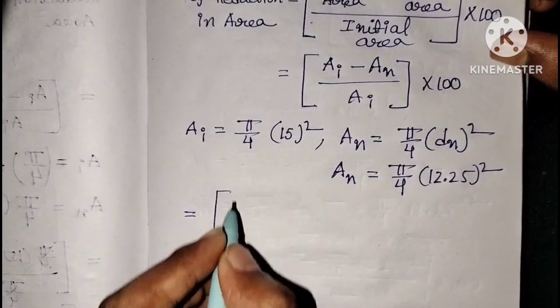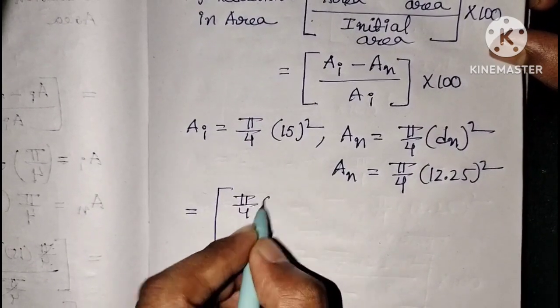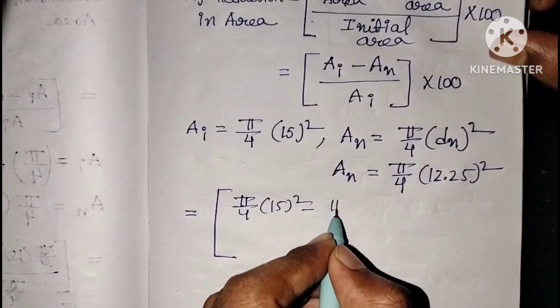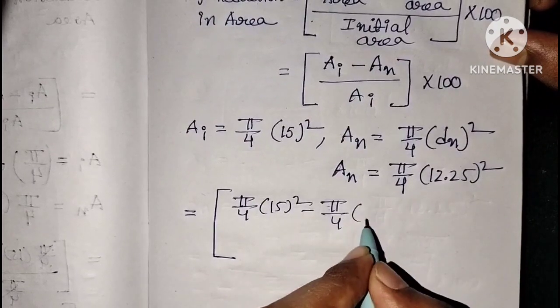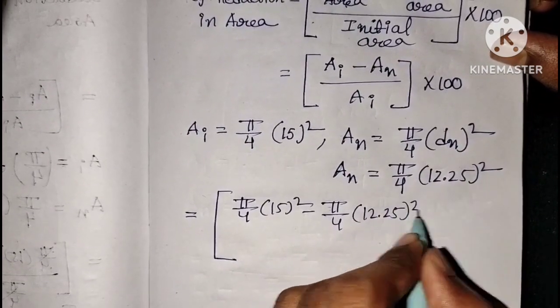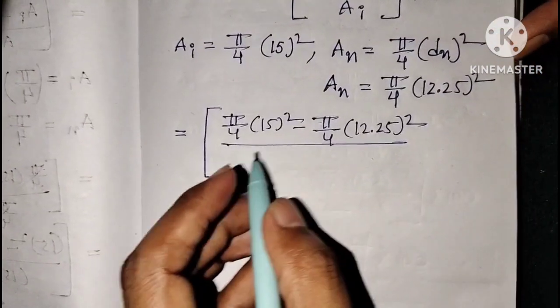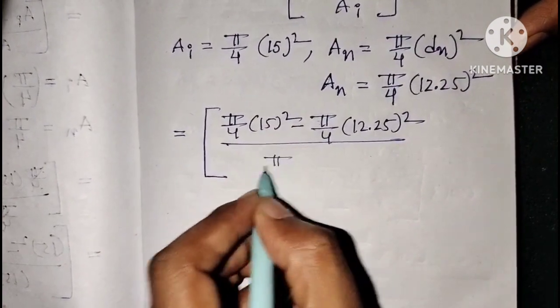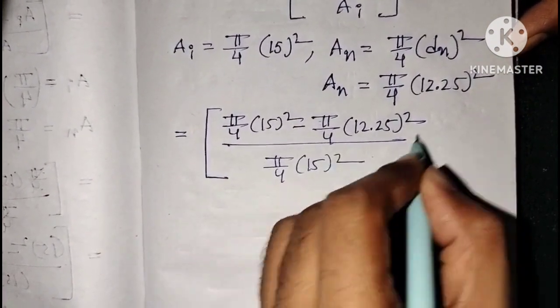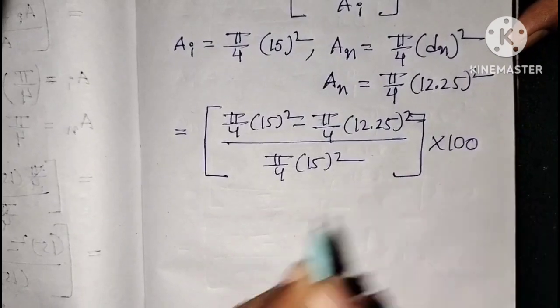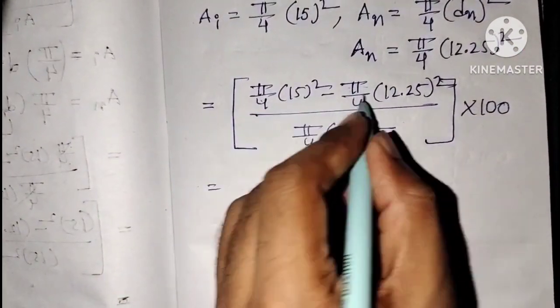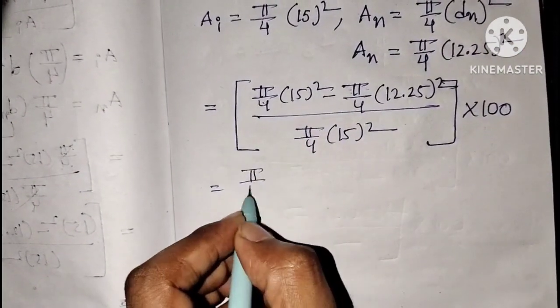Now substitute these two. The percentage of reduction in area is equal to initial area, pi by 4 into 15 square, minus neck area, pi by 4 into 12.25 whole square, by initial area, pi by 4 into 15 square, into 100. Here pi by 4 is common, so take it out and it cancels.